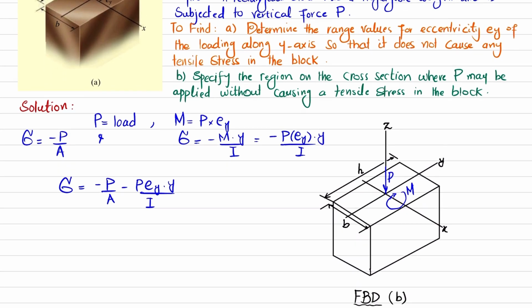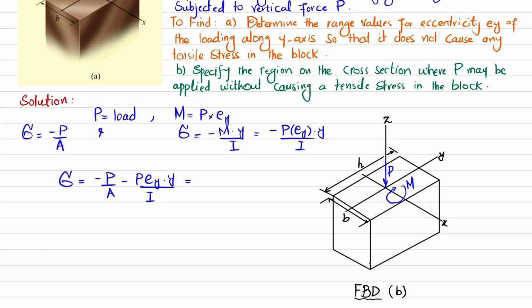Now if you take minus P divided by A as common, we will have only 1 over here, and we will have ey into y multiplied by A divided by I. And this I will be I about the x-axis, because you can see the moment is about the x-axis, so the moment of inertia of this cross section should be about the x-axis.